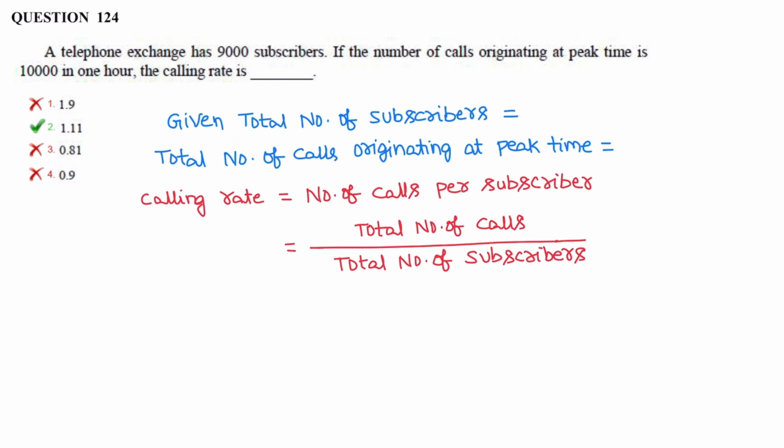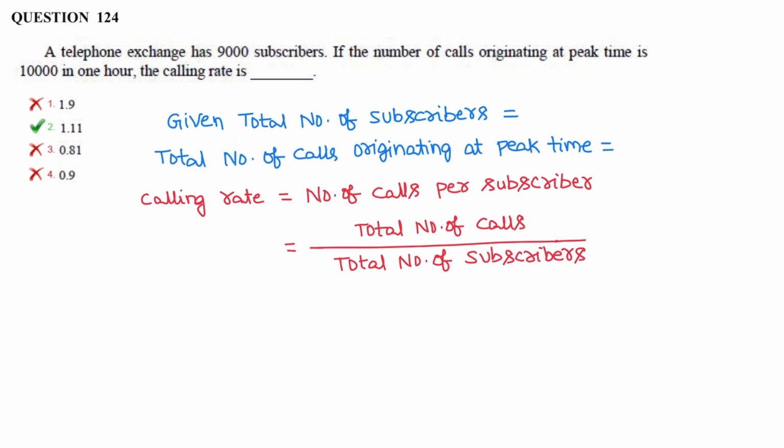Apply discrete Fourier transform on both sides. We will get y of e power j omega minus 1 by 2 e power minus j omega y of e power j omega is equal to x of e power j omega plus 1 by 2 x of e power j omega into e power minus j omega.